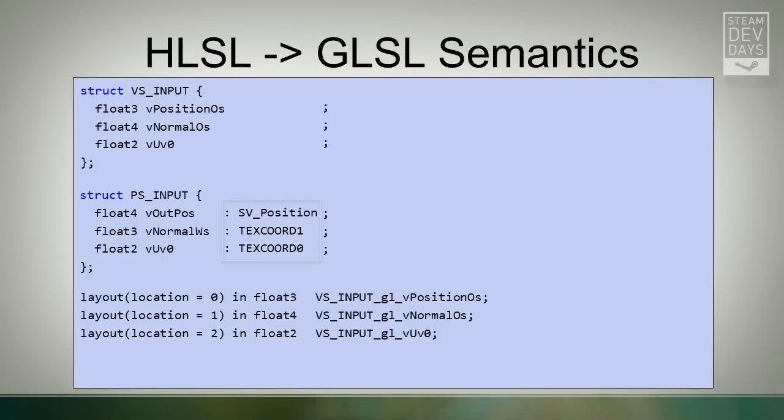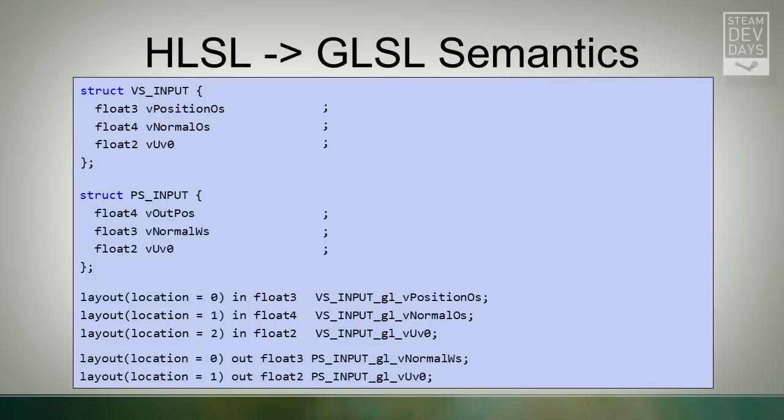We do the same thing for the outputs of the shader. In this case, we're looking at the output of the vertex shader, and we would know in our translator that SV_Position, which is HLSL for system variable position, is going to map to gl_Position. So we'd ignore that for the moment and generate outputs, or varyings, for the normal and UVs.